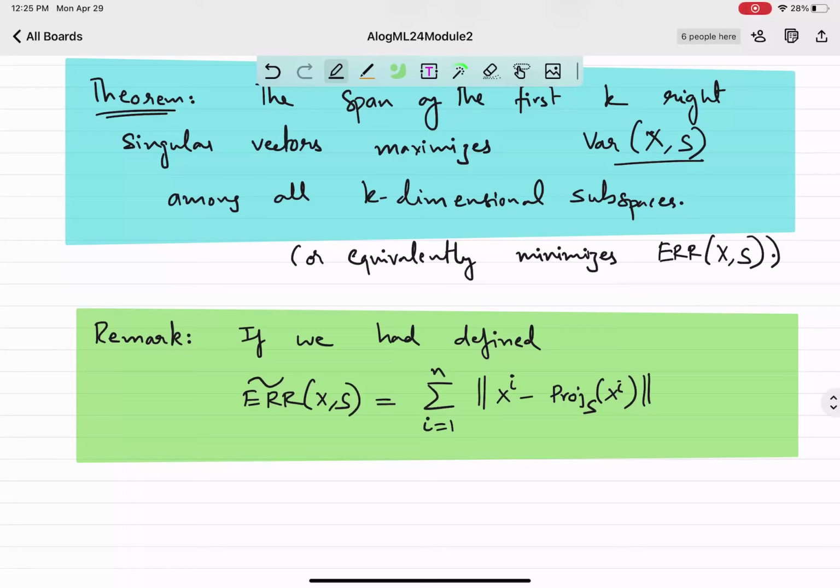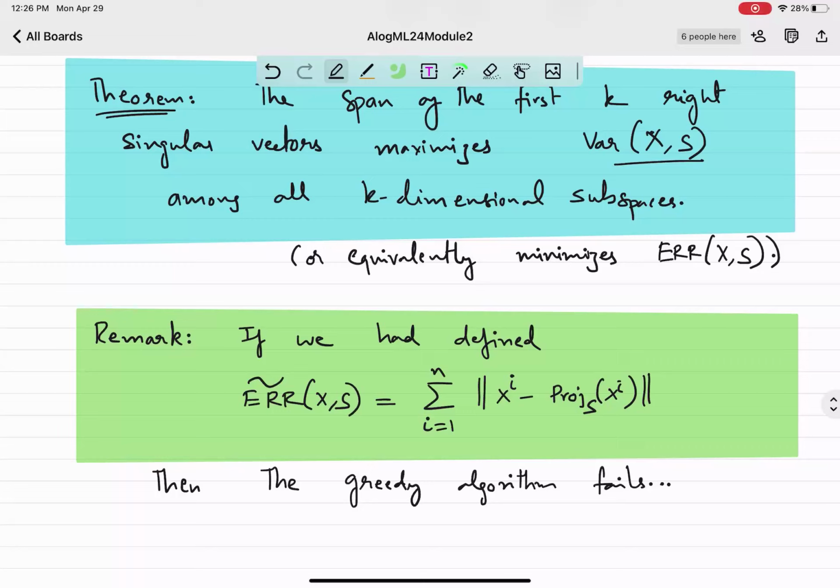Okay, so we chose a square, no particular reason was given except that I said that's the best choice. But if we had done this, which qualitatively achieves the same function, right? You're looking at how well your subspace approximates the points on average. Okay. Why sum of squares and not sum? Well, there's a very important computational reason. If you define it this way, then the greedy algorithm fails. Right, so you cannot find the first principal component and then try and do something after that, and so on.